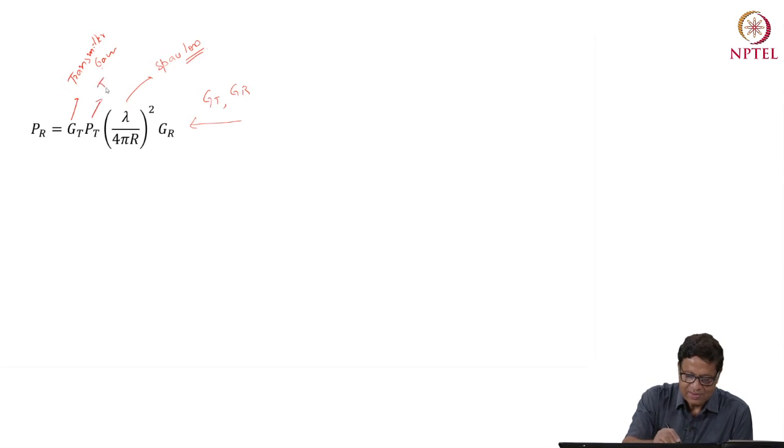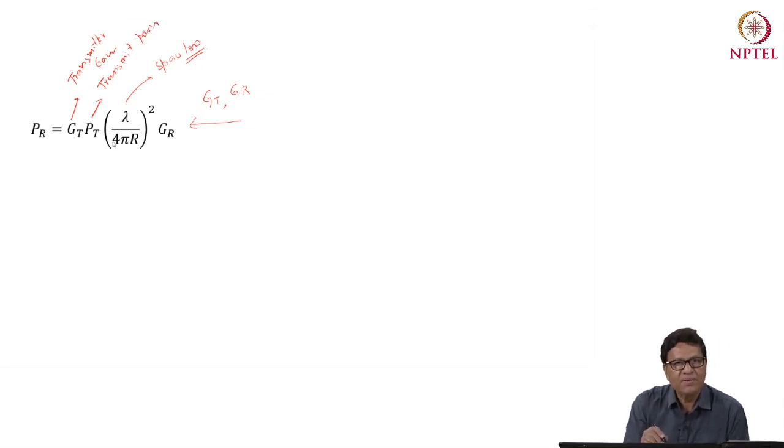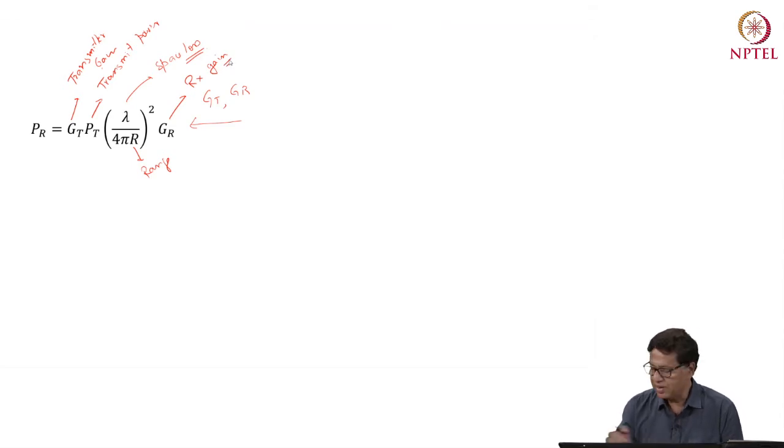This is the transmit power. This whole thing is space loss, which is given by lambda by 4 pi R, R is the range. And GR is the receiver gain, again using some optics at the receiver.